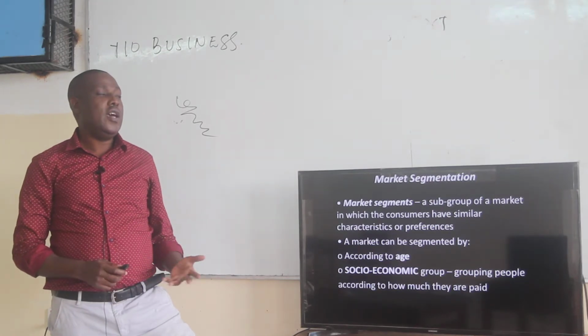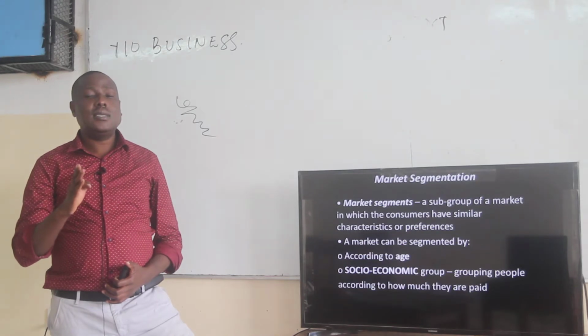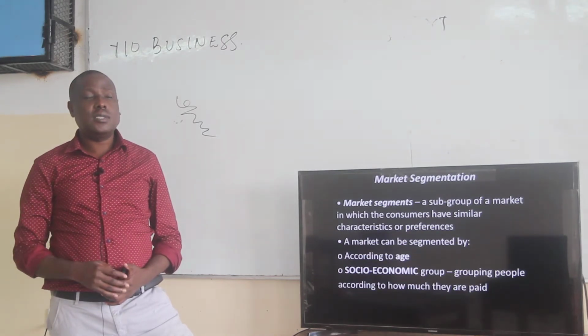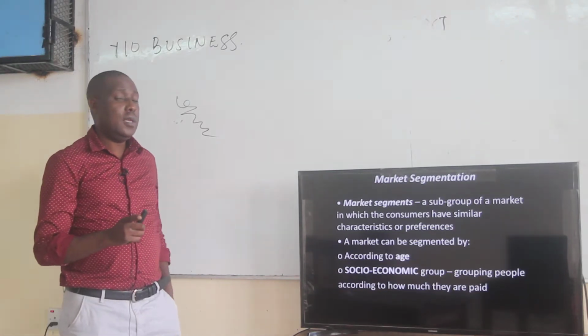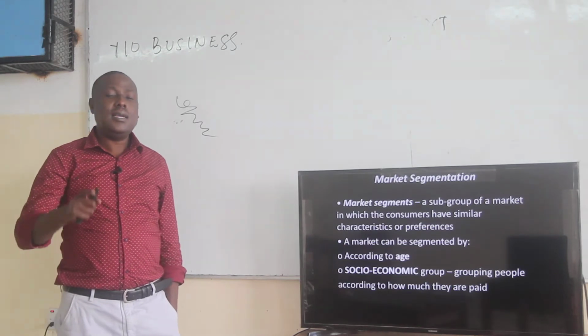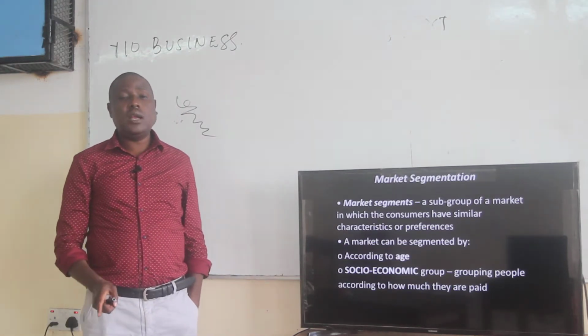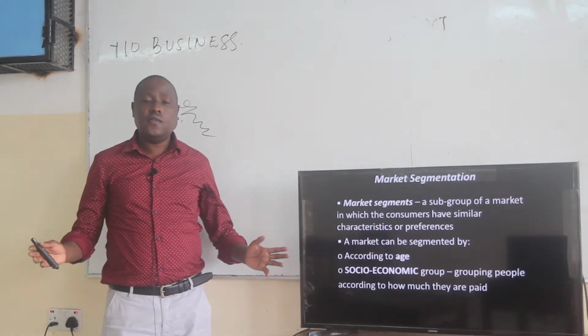Again, you know very well that for any business, your sales are what is important. How much are you going to sell? And sales are going to depend on demand. Demand is going to depend on the levels of income the consumers have.